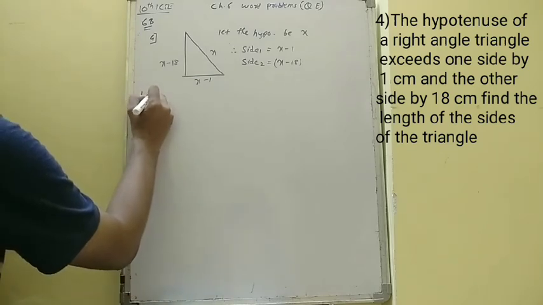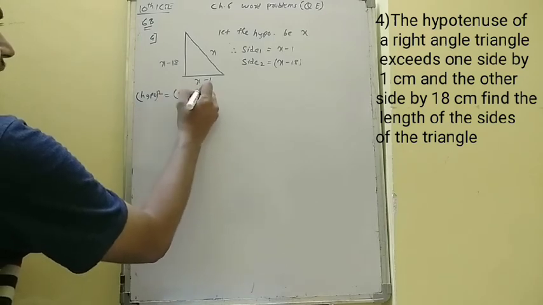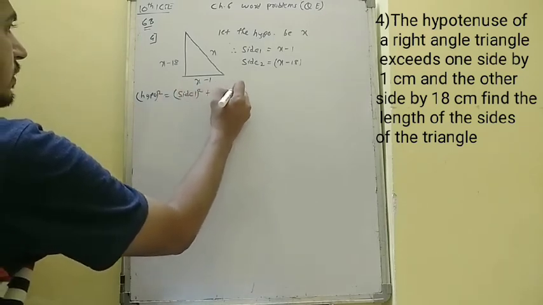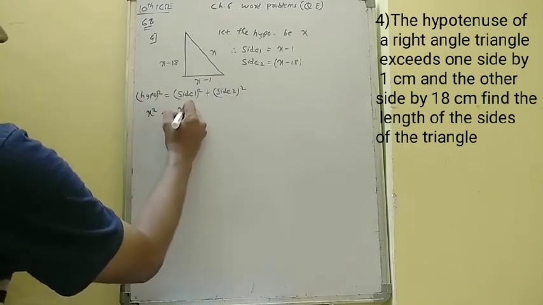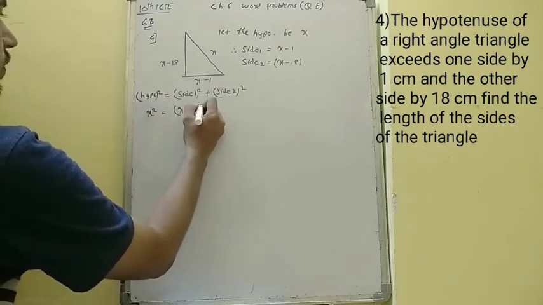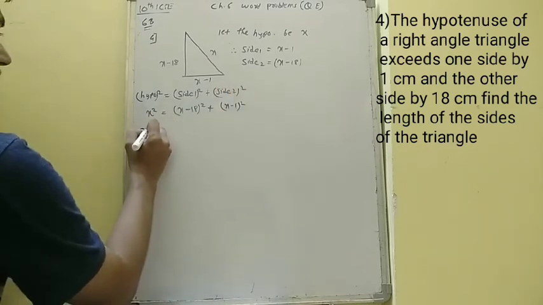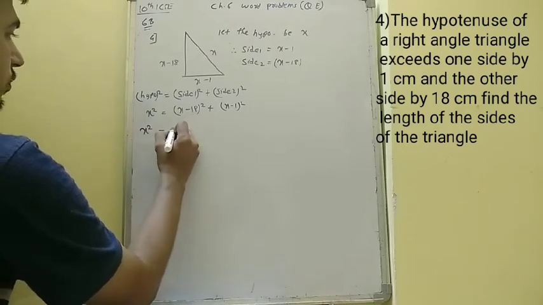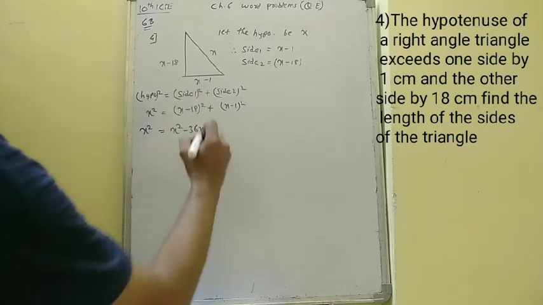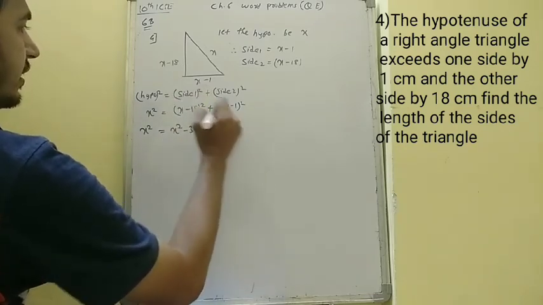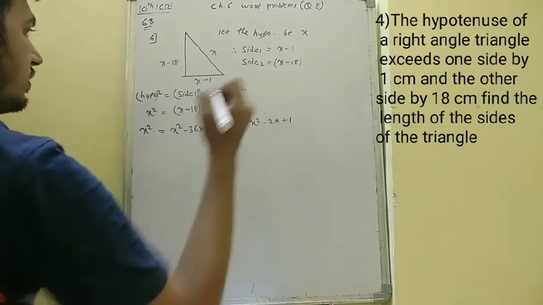Therefore, hypotenuse square is equal to side 1 square plus side 2 square. Hypotenuse is x square. Side 1, that is x minus 18 the whole square. Side 2, x minus 1 the whole square. So it is x square is equal to a minus b the whole square, a square minus 2ab plus b square. 18 square is 324 plus here also a square minus 2ab plus b square.